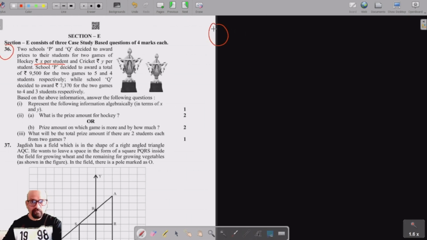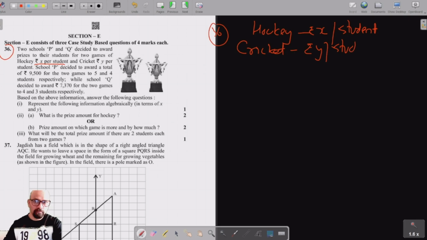So this is question number 36. And for the hockey, it's X rupees per student, and for those who play cricket, it's rupees Y per student.